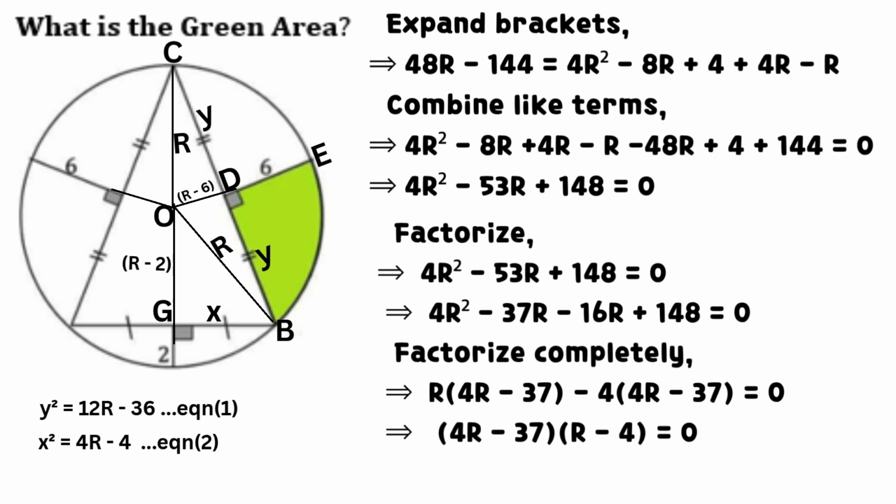Factorize completely into product of two factors. We have that the product of (4r - 37) and (r - 4) equals 0.